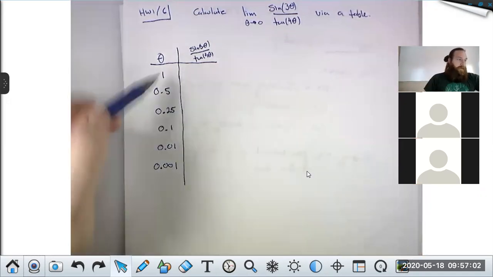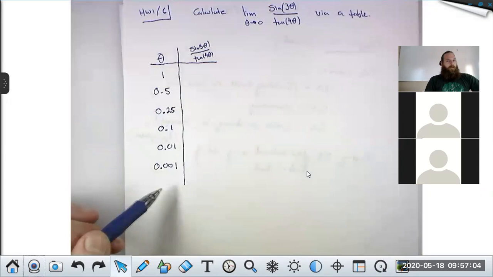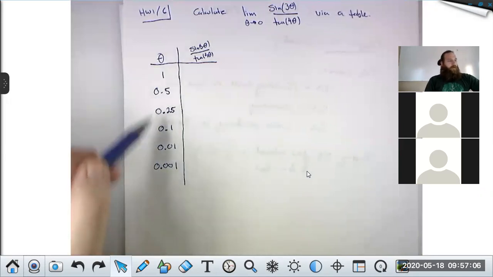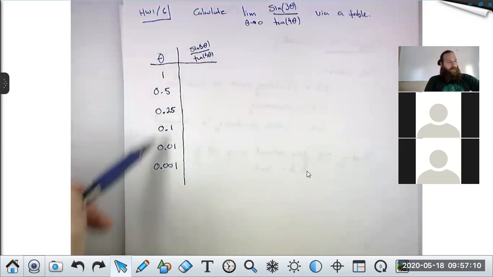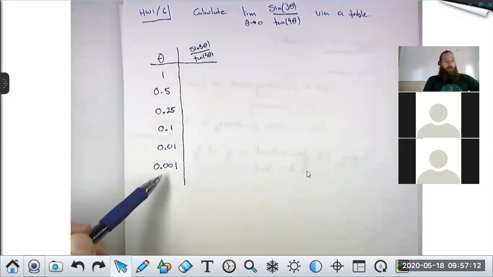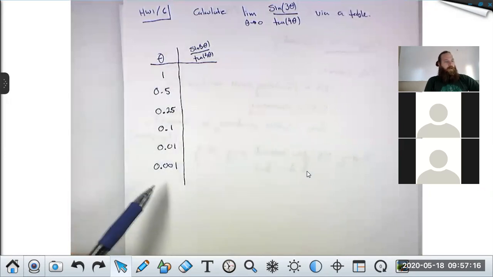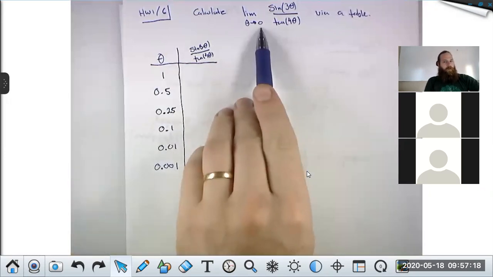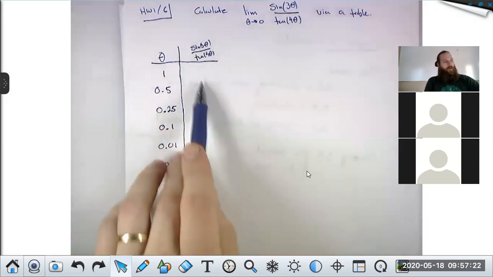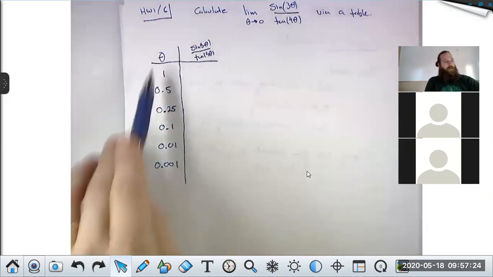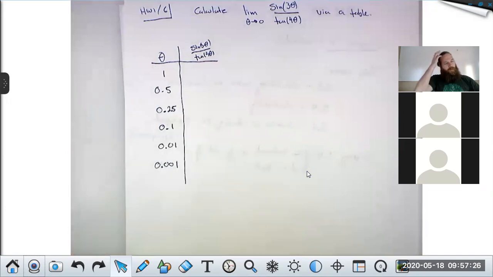These theta values that I'm going to plug in are getting closer and closer to 0, right? 1, 1/2, 1/4, 1/10, 1/100th, and 1/1000th. Those are the thetas that I'm plugging in. As you walk down this table, the theta values are getting closer and closer to 0, and I'm going to see if this function starts getting closer and closer to anything as theta gets closer and closer to 0.